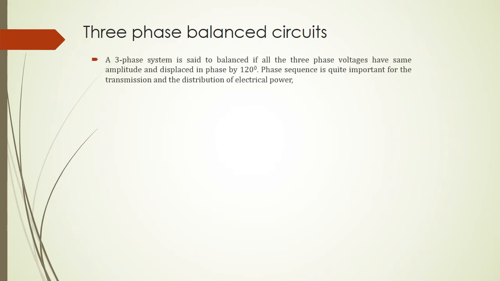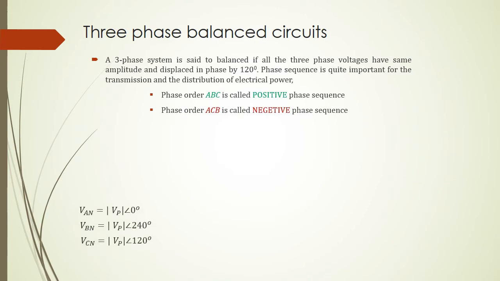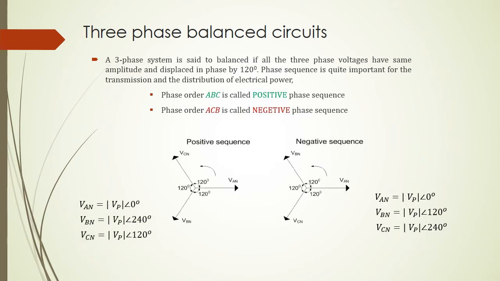In a three-phase balanced circuit, we have three voltages. They have the same amplitude and are displaced by a phase angle of 120 degrees. The phase sequence is quite important in this case. So let's have a look. The voltage here is phase A, referred to neutral.